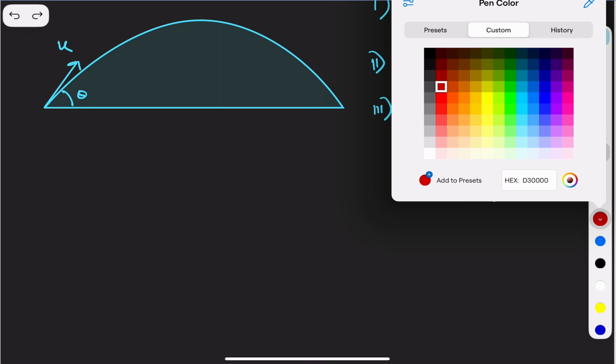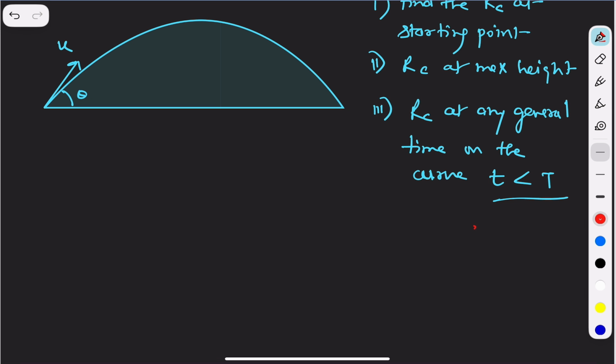Okay, so here if you see, if I draw the acceleration that the particle is experiencing, it is only the gravity. This is the gravity, and if you see, this is theta. Let's say this is the curve that you are going to have.